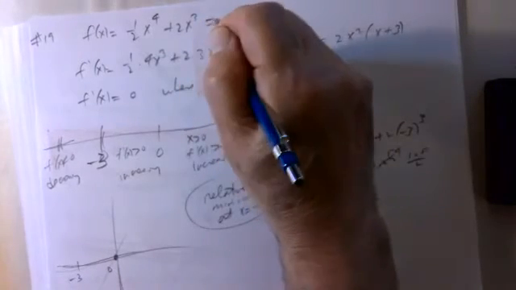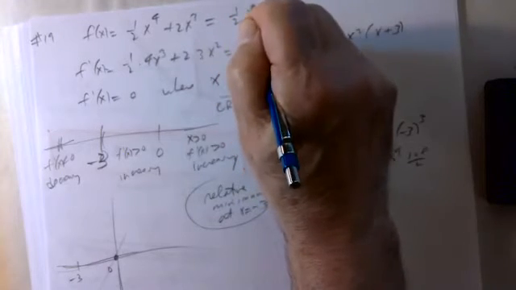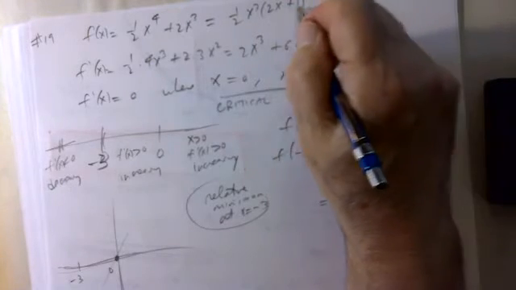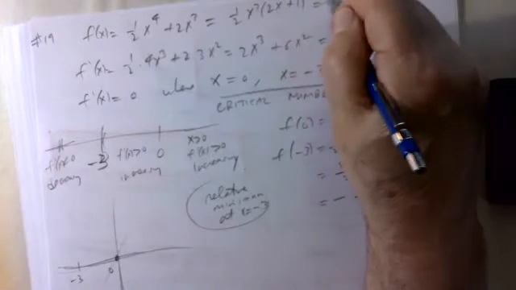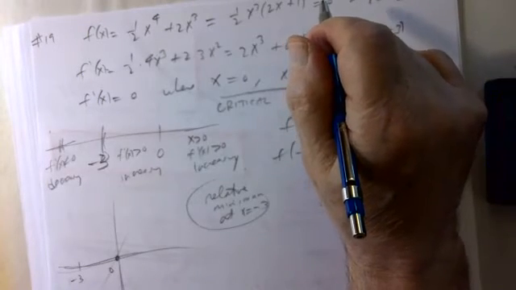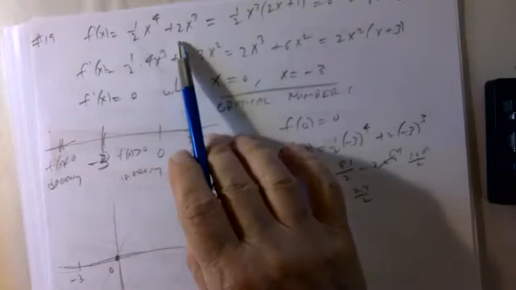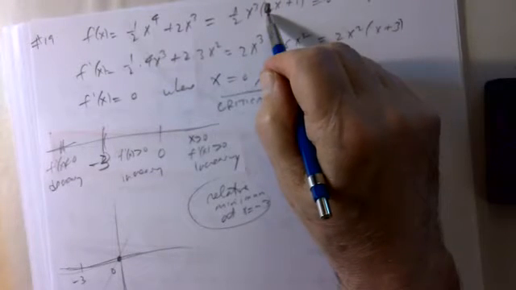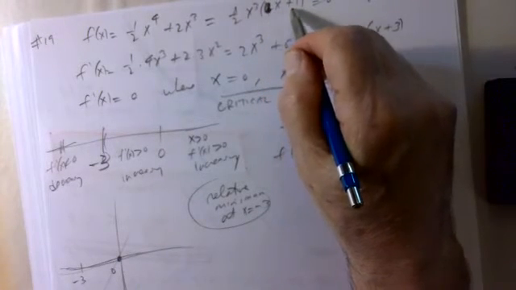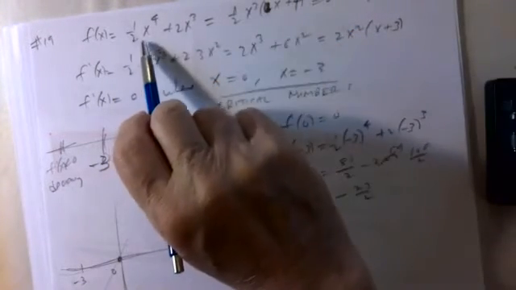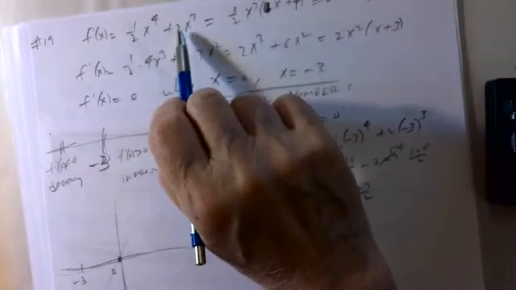Actually, just to make this more interesting, if I factor out a half x cubed, I get x plus 4.